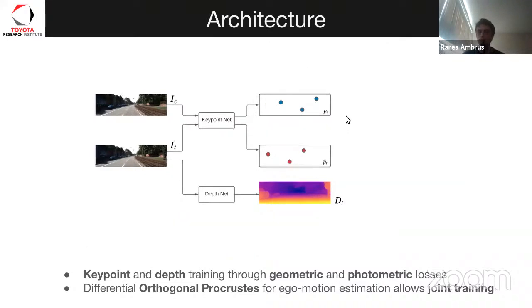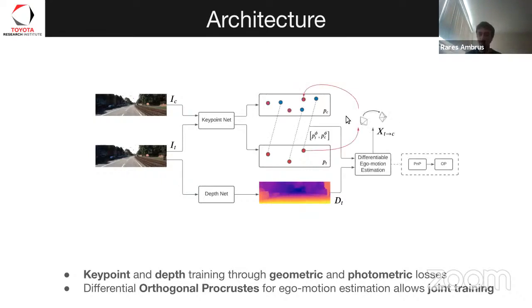Diving a bit deeper, first we use the keypoint net to extract keypoints from both the target frame and the context frame, as indicated by the red and blue circles on this slide. Additionally, we predict dense per-pixel depth from the target frame using the depth network, and we associate a depth measurement with each target keypoint.